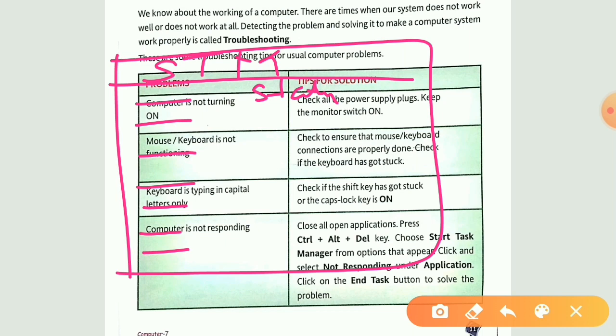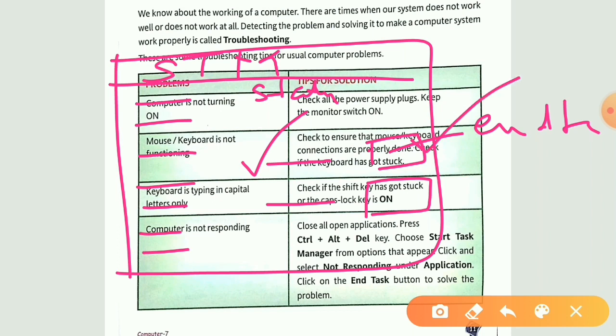Now if you see something like Not Responding, you will get a button at the right-hand side that says End Task. Those applications that have got stuck or are not responding, you just press the End Task button, so that they are removed from your task manager and your computer will work properly afterwards.